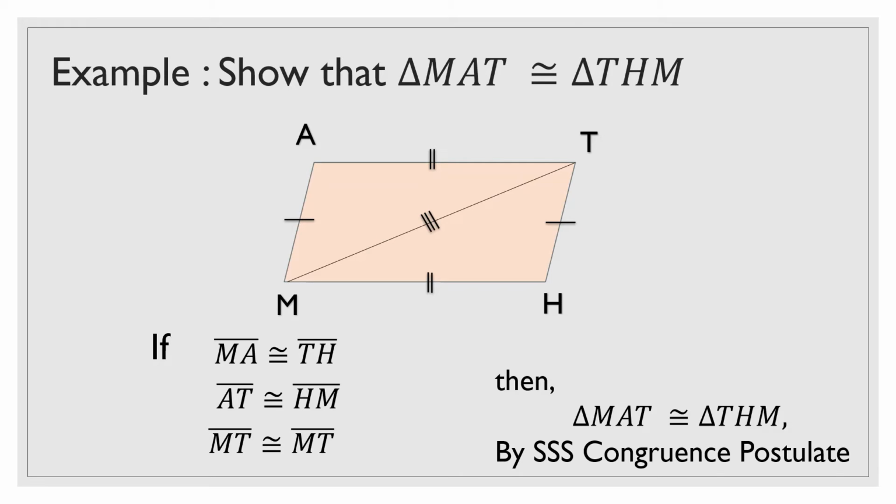So, meaning, kapag gamit natin ang mga postulate, hindi na natin kailangan isulat pa lahat ng 6 na corresponding parts ng dalawang triangle. Using the given postulate, then we can say that the two triangles are congruent.